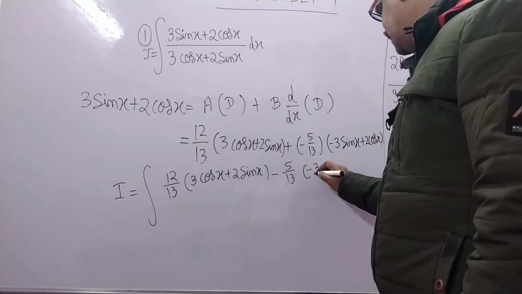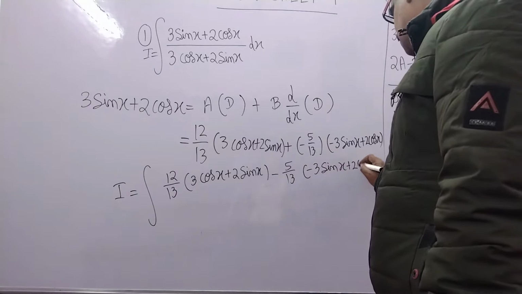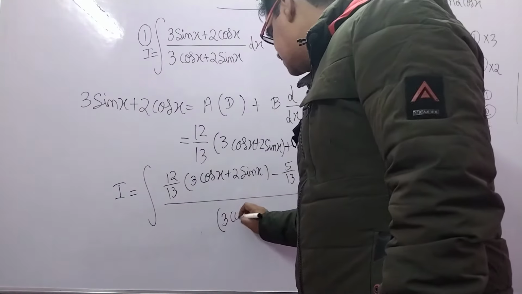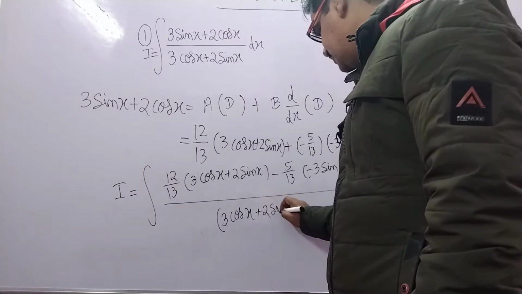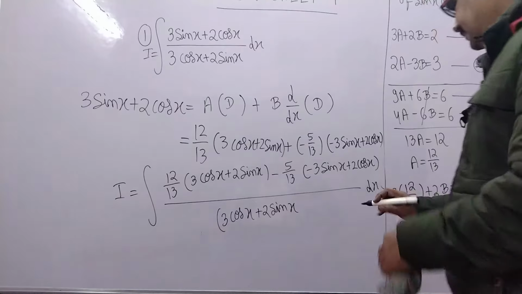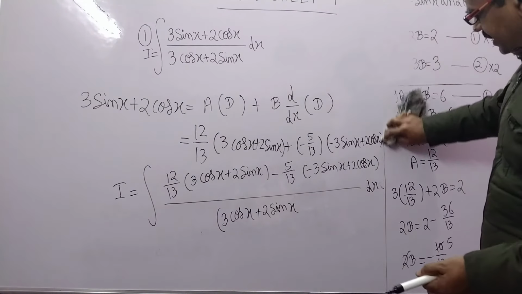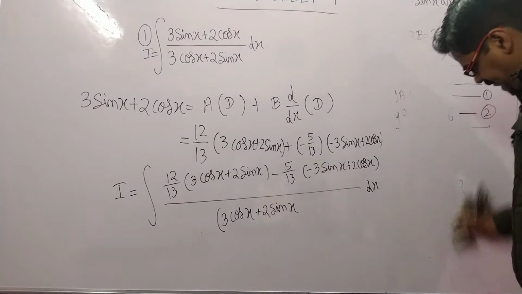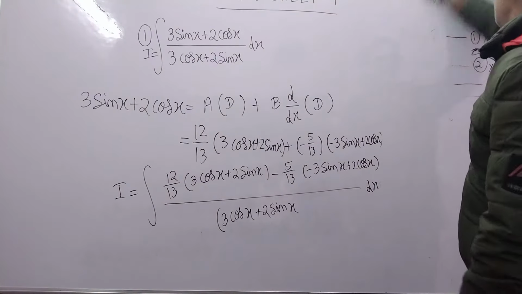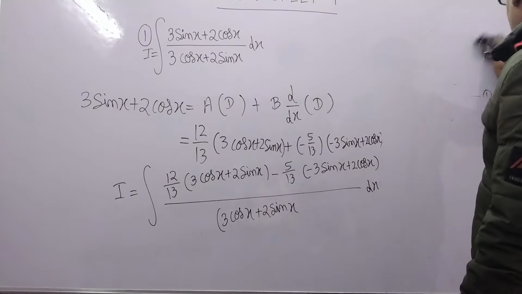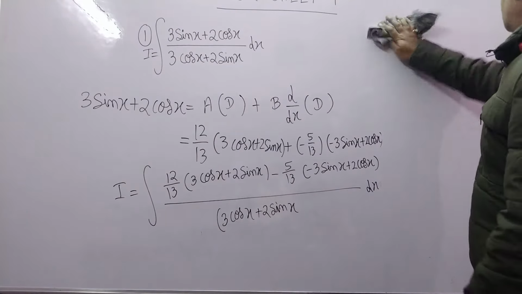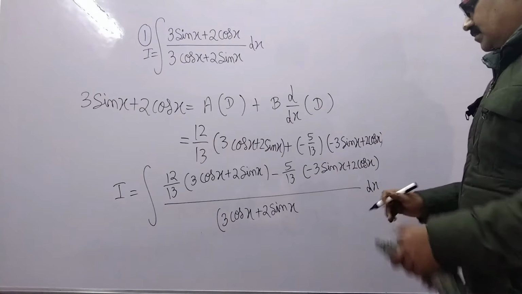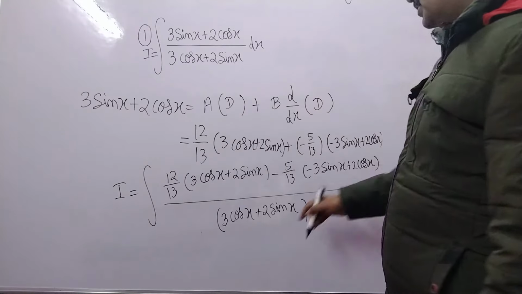Upon 3 cos x plus 2 sin x, dx. Now we break the whole integral into two integrals, like this.